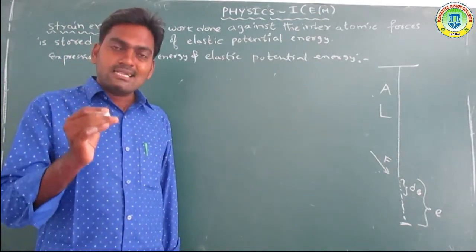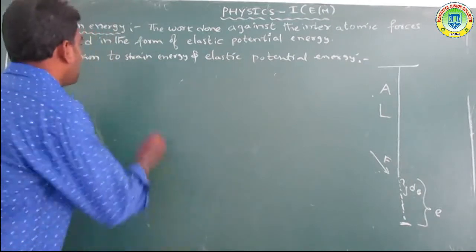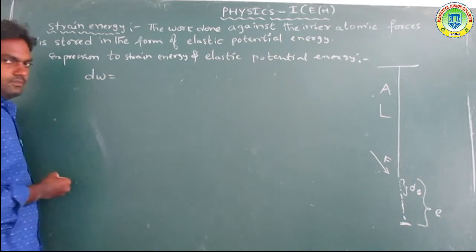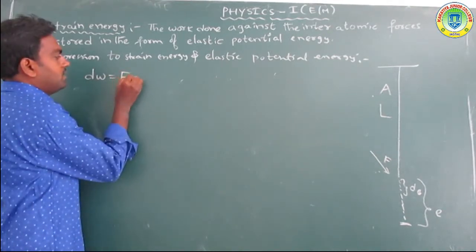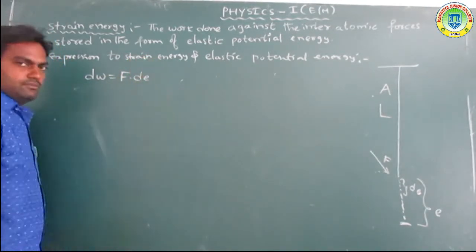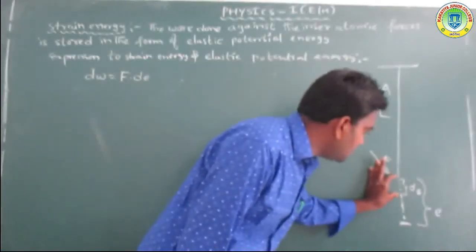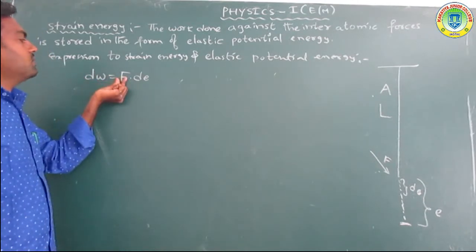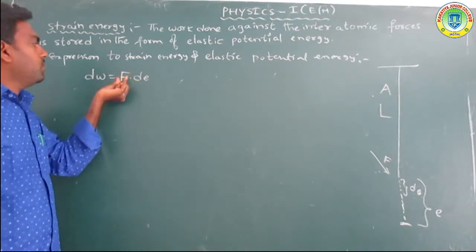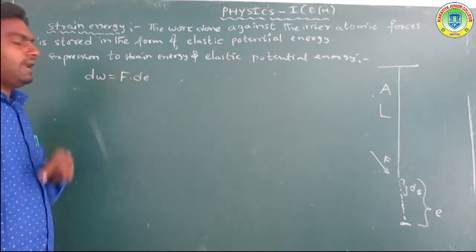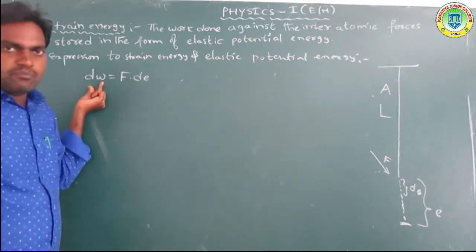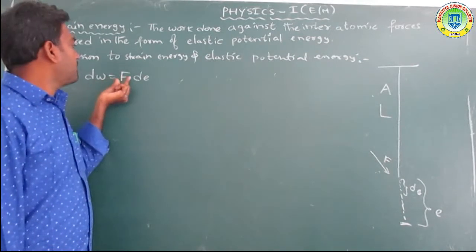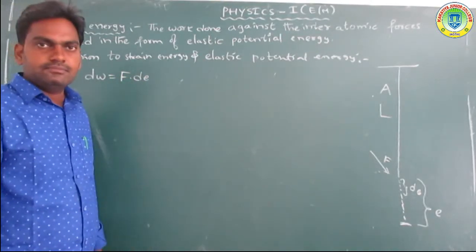For a small extension dE, the small work done is dW, which is equal to force times displacement, F dot dE.